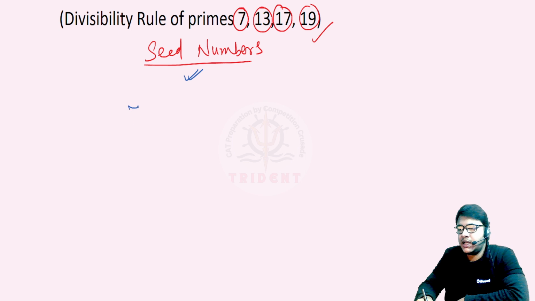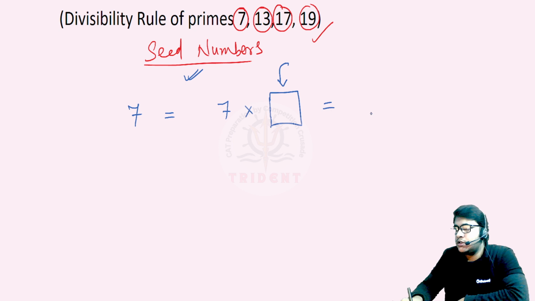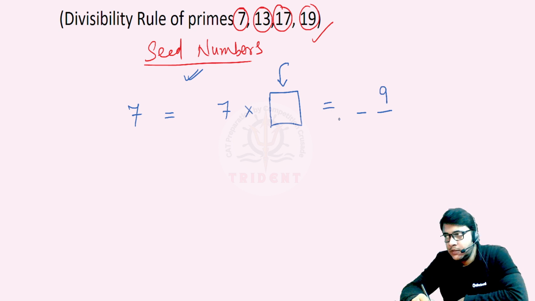Suppose I have this 7. A number which when multiplied by 7, please listen to this very carefully, should give me a number that ends in 9. Okay, that is not the seed number.